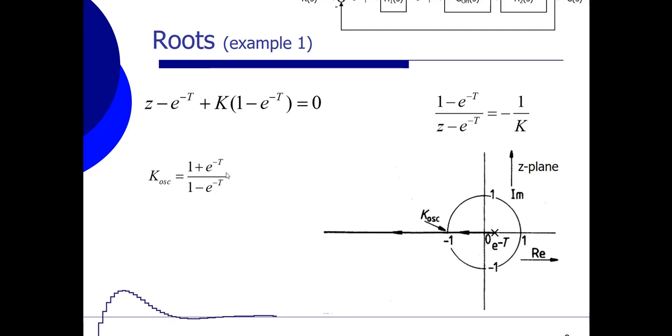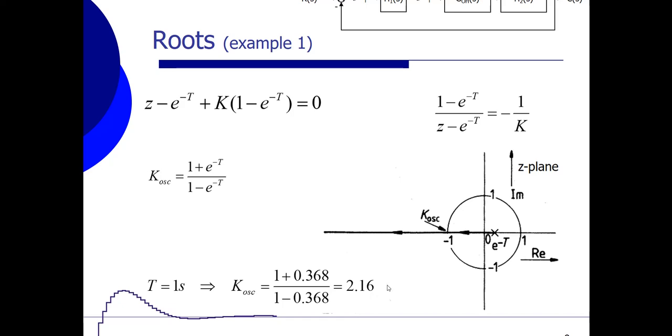So you also see it still depends on the value of my sample time. When we choose a sample time of 1 second, the oscillation value of k is 2.16. So in this example, for all values of k smaller than 2.16, my system is stable, and when I increase this value, my closed loop system will become unstable.